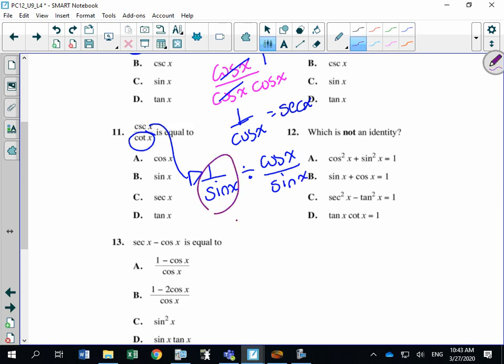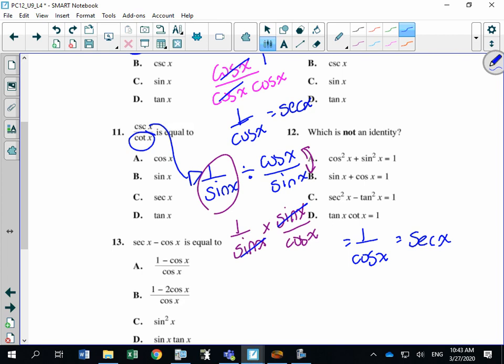Okay, 1 over sine of x times the reciprocal of this fraction would be sine of x over cos of x. We're multiplying two fractions, so sine of x and sine of x cancel to leave me with 1 over the cos of x. And 1 over the cos of x is a reciprocal trig identity, and that is equal to the secant of x. So 11 is C.